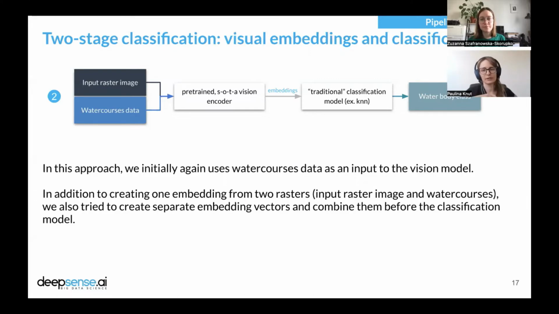Such approaches were easy to test, but unfortunately did not produce the expected results. As encoders, we used similar models as before. And for the traditional classification models, we tried logistic regression, k-nearest neighbor, support vector machines, random forest, and XGBoost.